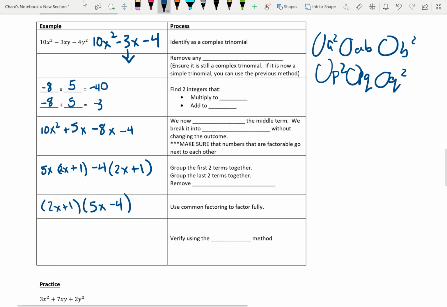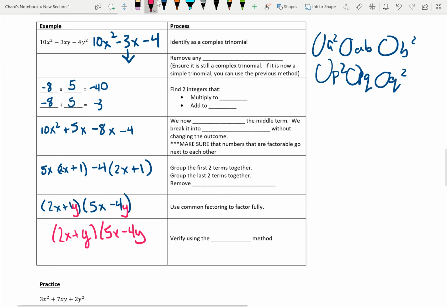Now, all I have to do to make sure I've included the y is put a y with the second term. That's all I have to do. And in this case, I actually don't need the 1. So it's really just 2x plus y, 5x minus 4y.